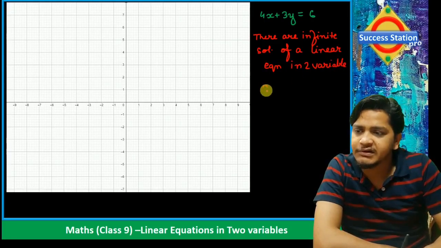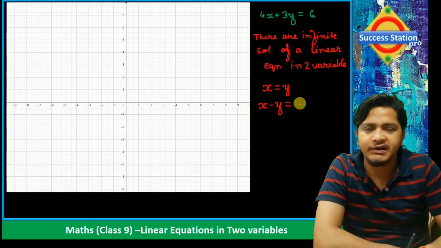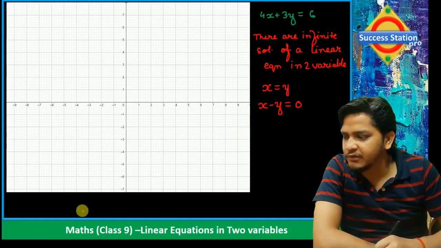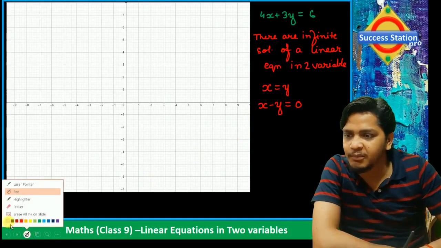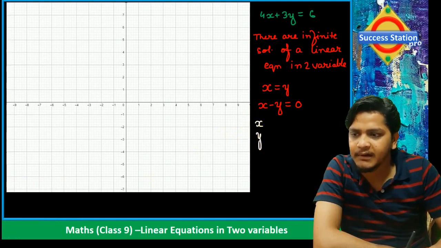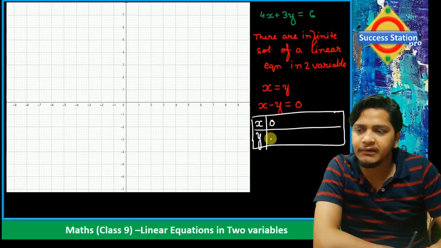I have an equation x equal to y. So we will write it in the general form: x minus y equal to 0. The constant is 0, there is no constant. So what do we do? We plot the graph. If x is 0, y is also 0.